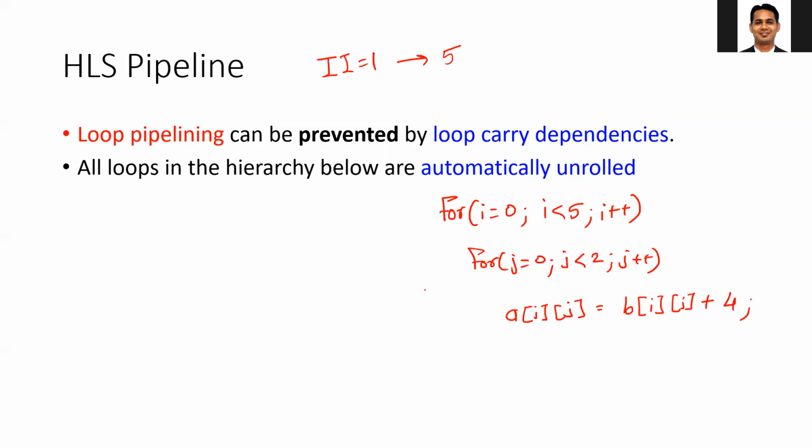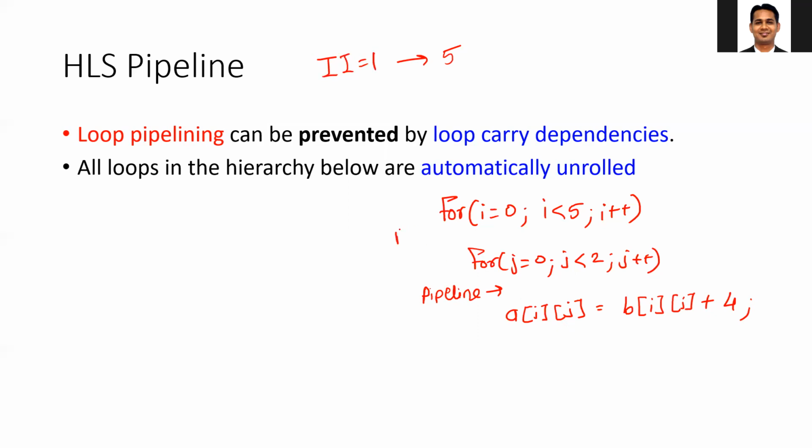Now, when you add the pipeline at the j loop, we want to start the next iteration of the addition of B plus 4 for the corresponding value of A[i][j] as early as possible before completing the previous iteration. That is not an issue.